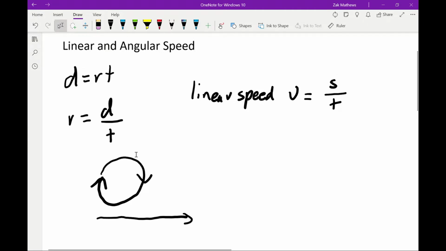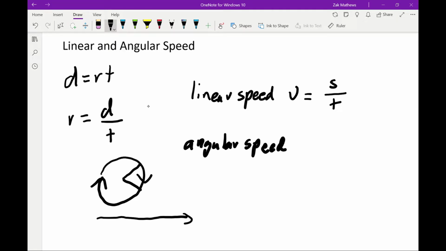The angular speed is looking at through which angle we travel with time. To show that it is different than linear speed, we don't want to just use the same variable v. We use the Greek letter omega, which kind of looks like the cursive w. And the angular speed is also equal to the distance over the time.